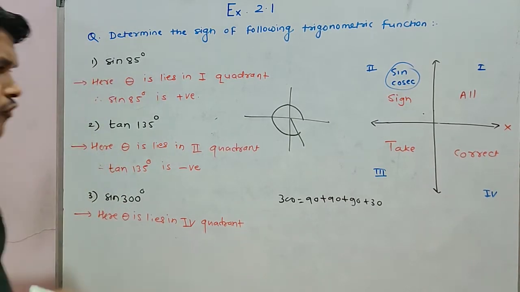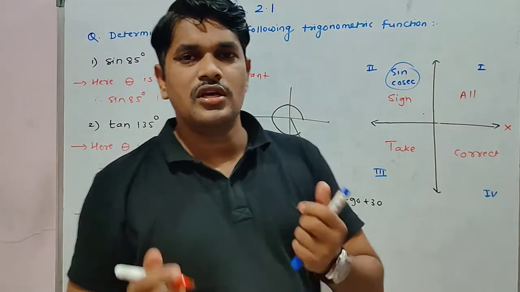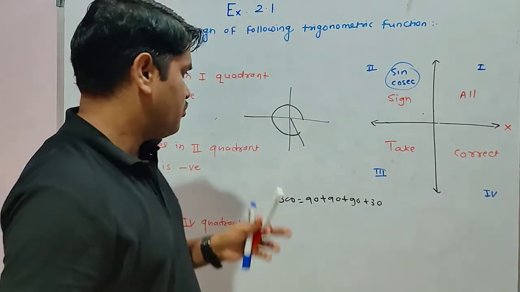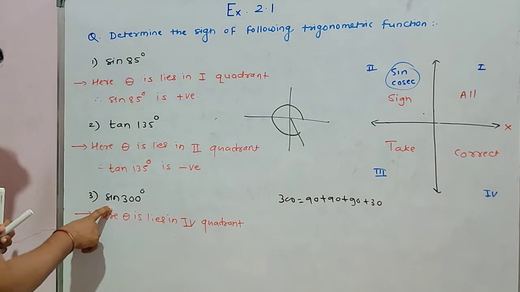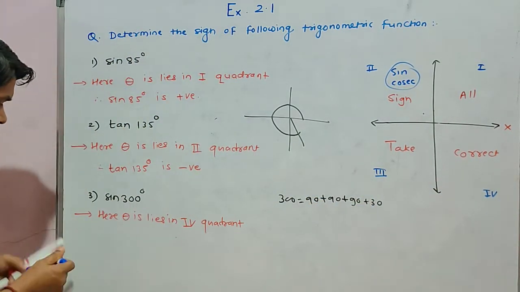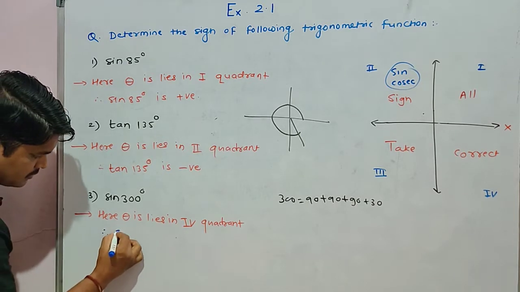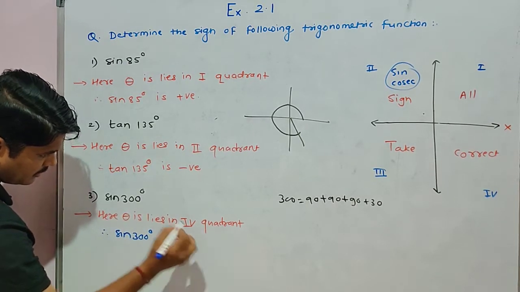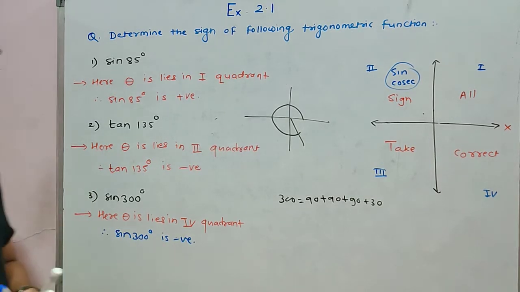In the fourth quadrant, which trigonometric functions are positive? Only cos and its reciprocal sec. So in the fourth quadrant, sine is negative. Therefore sine 300 degree is negative. Understood?